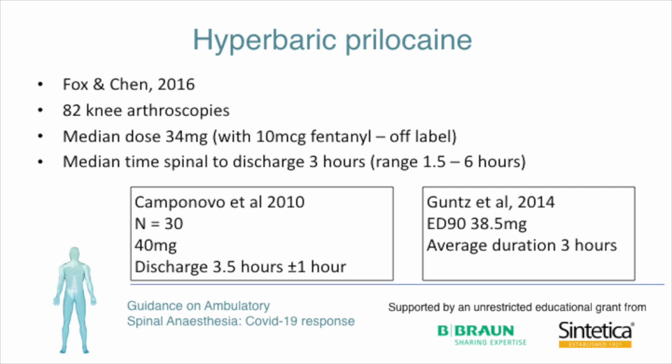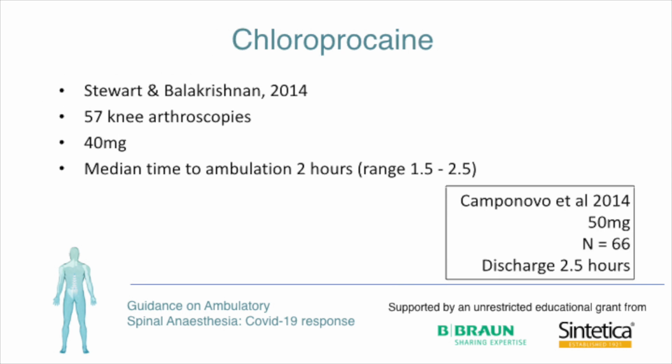One, in 4 patients, they needed some form of supplemental analgesia for the tourniquet and for the scopes. So this is why I pushed up this entry-level prilocaine to 50 milligrams. And also the other point to raise is the average duration was pretty much in keeping with our data and also Campanovo's data.